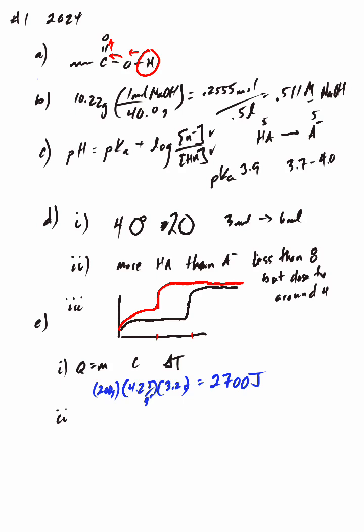Well, we have this many joules, which is the same as saying 2.7 kilojoules. Now, since this was an exothermic reaction, we've got to be careful down here for the heat of reaction. This is how much heat energy was produced. But down here, we need to say negative 2.7 kilojoules, or we need to say that the energy was given off. That's really saying the same thing.